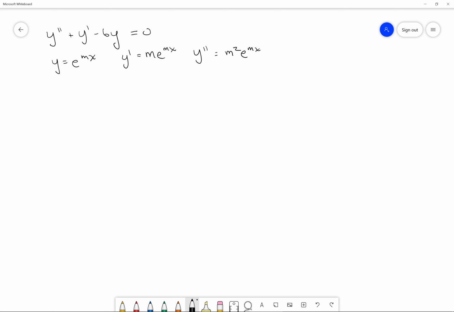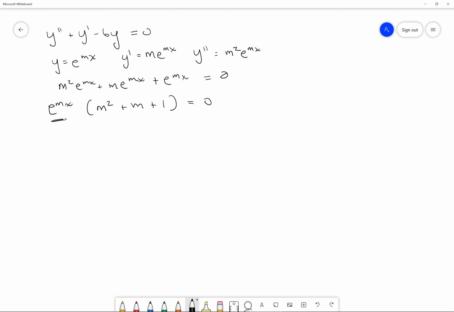If we sub this solution for y into the differential equation, we get m squared e to the mx plus m e to the mx plus e to the mx equals 0. So what we can do is factor out e to the mx, and then we get m squared plus m plus 1 equals 0.